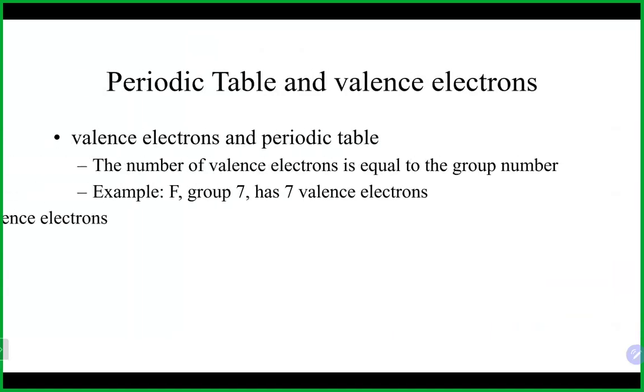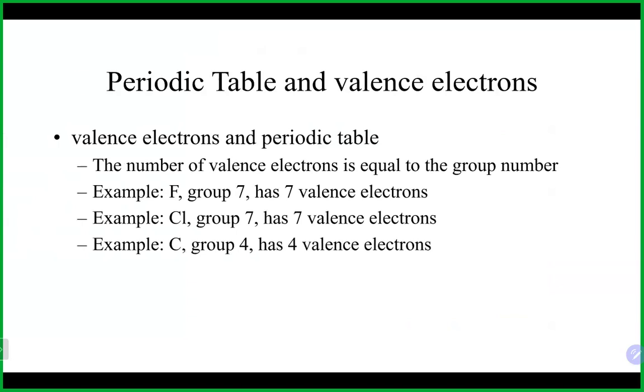Clearly, a much easier way to figure out our valence electrons is by going by the group number. The group number will equal the number of valence electrons, much like we did when we drew Lewis structures. So in group 5, we see nitrogen, which has 5 valence electrons.